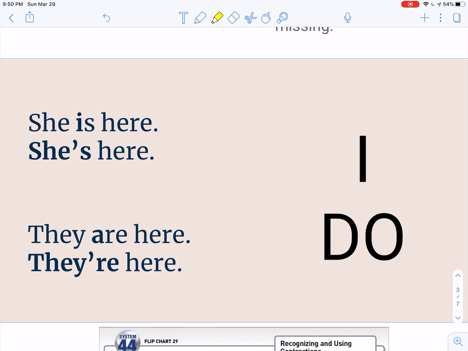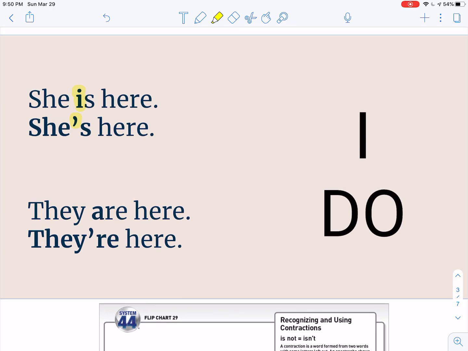She is here. She's here. When I put she and is together to form a contraction, I leave out the i in the second word, is. So this letter here gets replaced with the apostrophe. She's here.